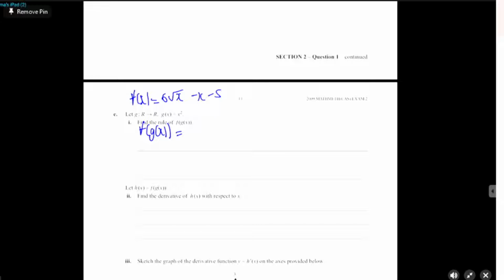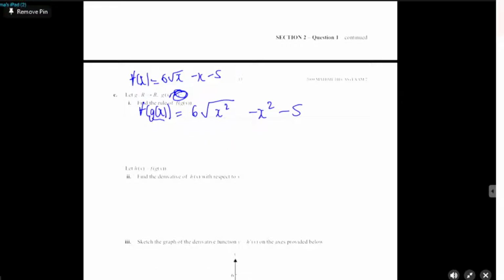And then what you're doing is, when gx is x squared, this becomes 6 root x squared take away x squared minus 5. Basically, you're subbing gx. Instead of x, you're subbing an x squared. And doing that, you know root x squared is mod. That's just the definition. And then that's what f of gx is.